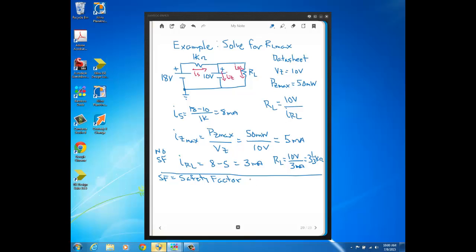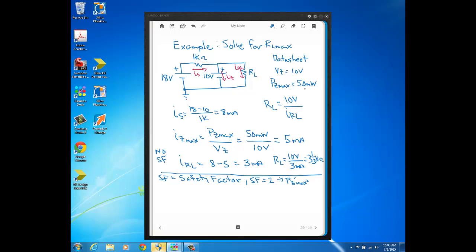For example, if we had a safety factor in this problem of 2, and usually you'll have a safety factor of at least 2, often more than that, that means we are essentially going to use a PZ max, I'll call it PZ max prime, that's half what our true PZ max is.